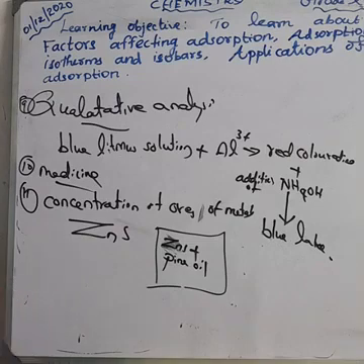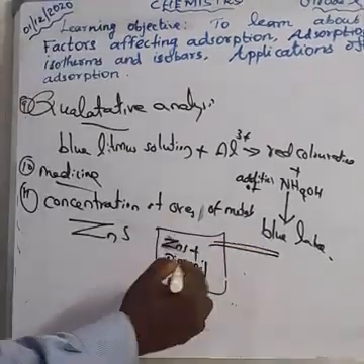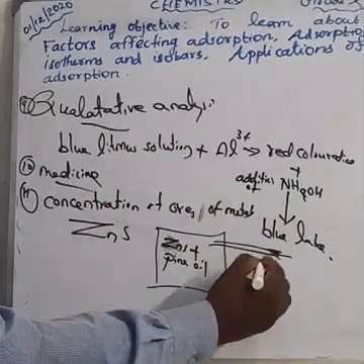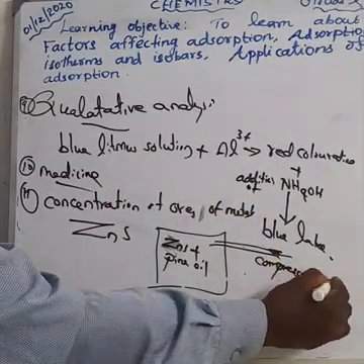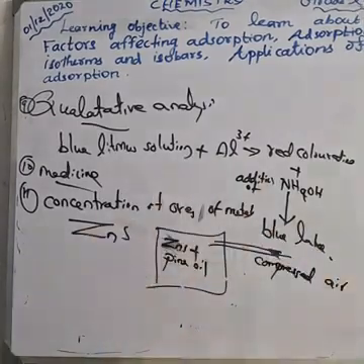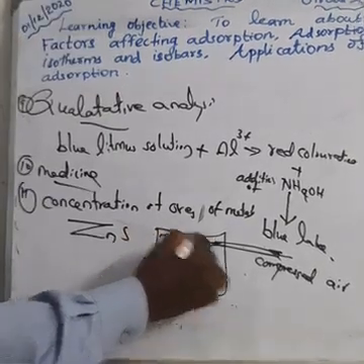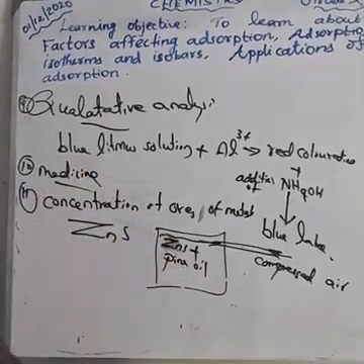And we pass compressed air. We connect one pipe, and through this pipe we blow compressed air. Due to the air and the solution, the sulfide ore is wetted by the pine oil.